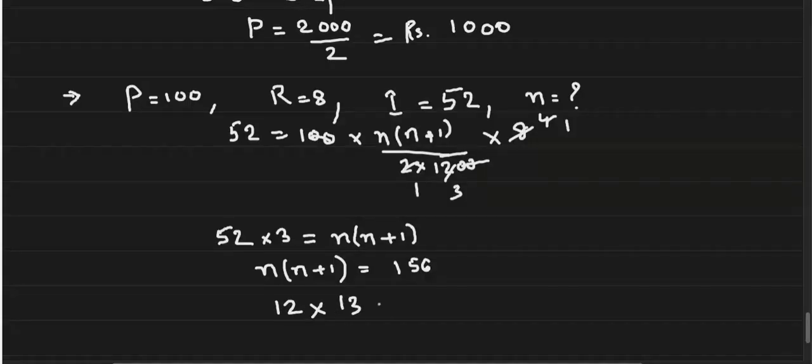I can factorize 156 in such a way that I get two consecutive numbers. So 12 into 13 equals 156, which means our N value is 12. So 12 months, 1 year, is the time period in which he will get the interest of 52 on a 100 rupees deposit.